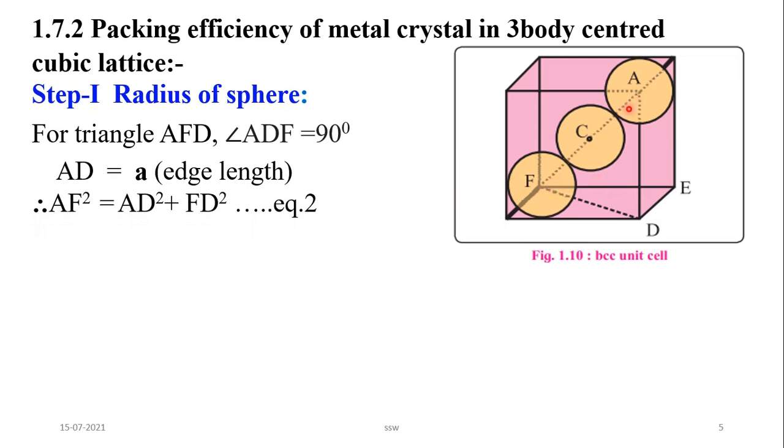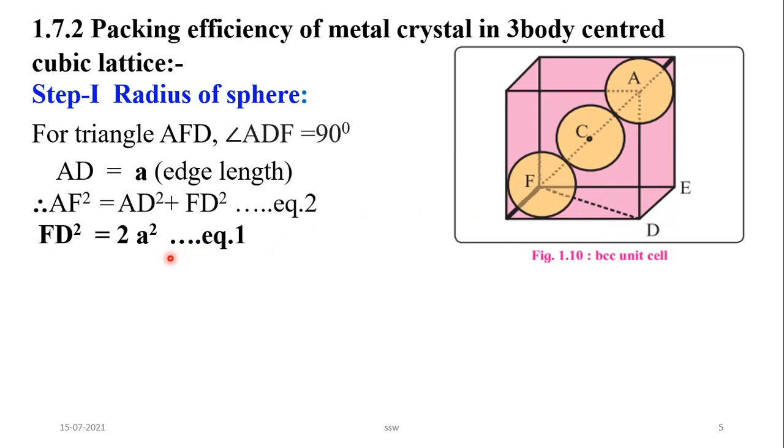So AF square is equal to AD square plus FD square, but AD is the edge length, that is equal to A. And FD square, you know, is equal to 2A square, as we have just calculated.